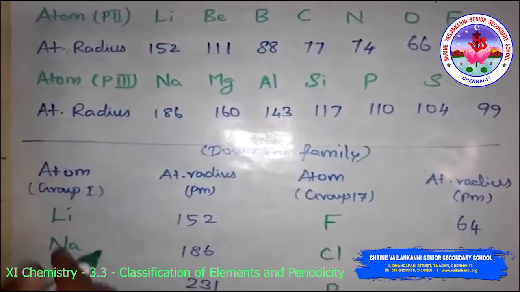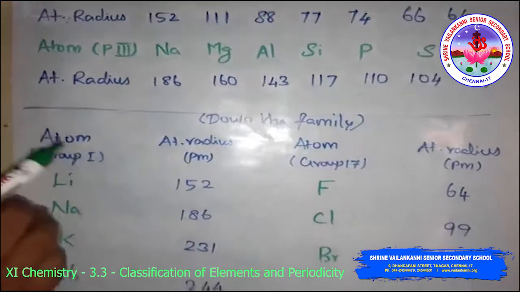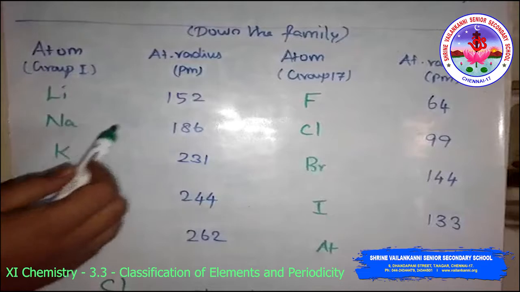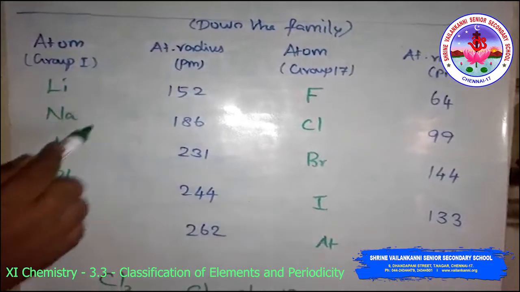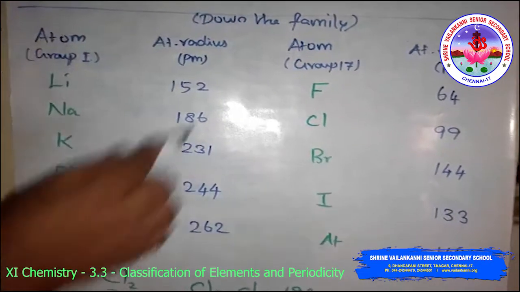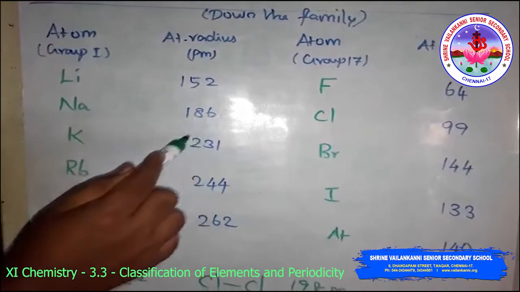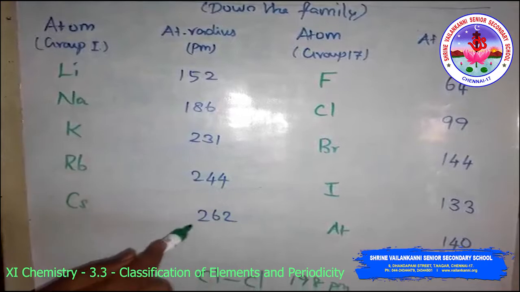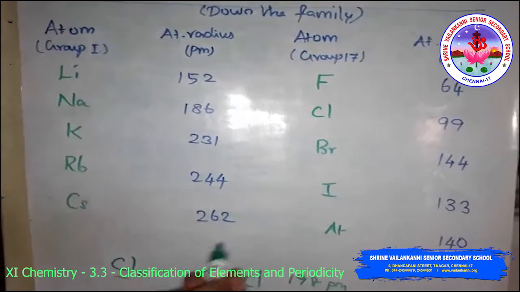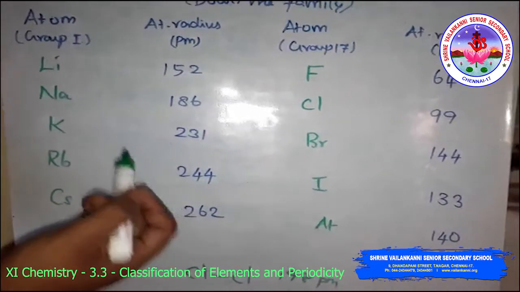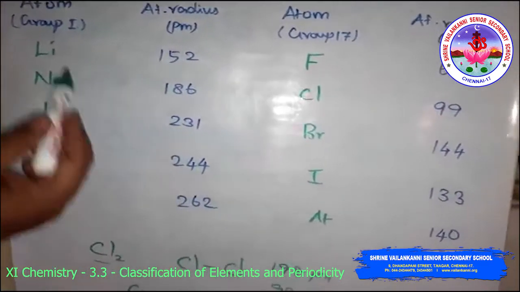Within a family, this vertical column of the periodic table, the atomic radius increases regularly. Look here at lithium, sodium, potassium, the group 1 elements, and the group 17 elements: 152 picometer, 186, 231, 244, 262 picometers. That means it increases with increasing atomic number, for the alkali metals and the halogens.